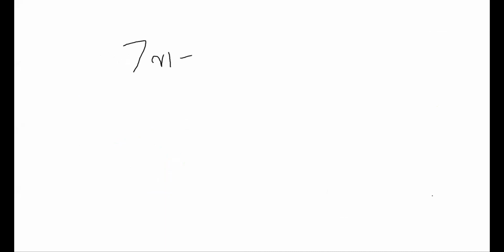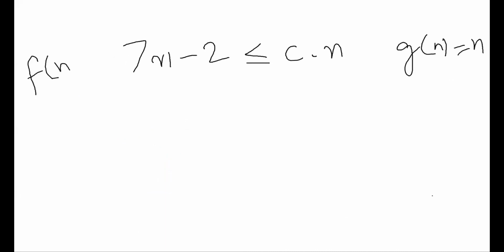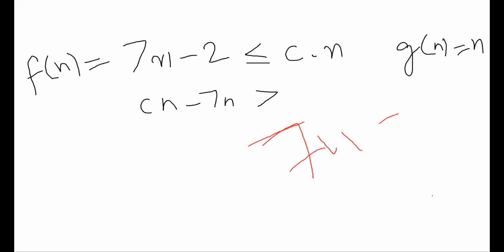Okay, 7n minus 2 is less than or equal to c into n. This is what you want to prove. Your g(n) is n and your f(n) is 7n minus 2 here. So take n, let's put cn minus 7n is greater than or equal to 2.